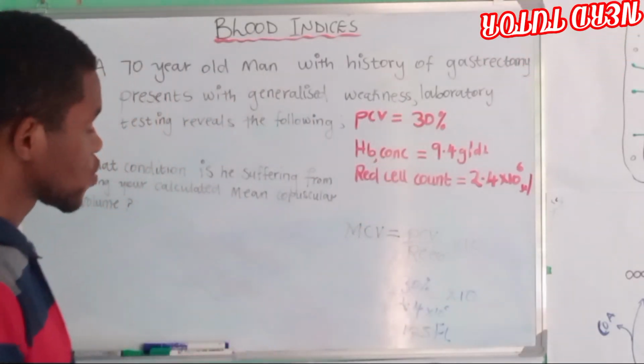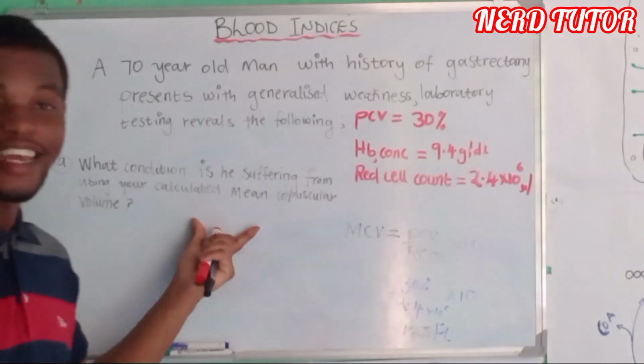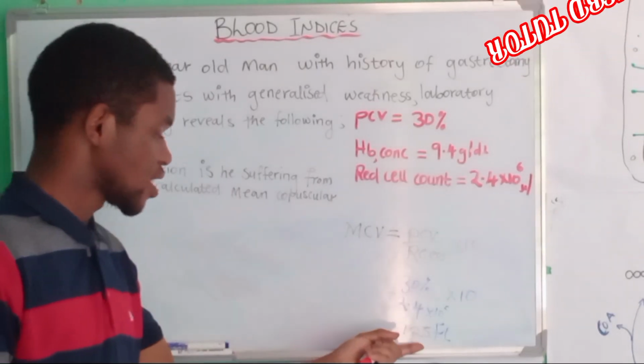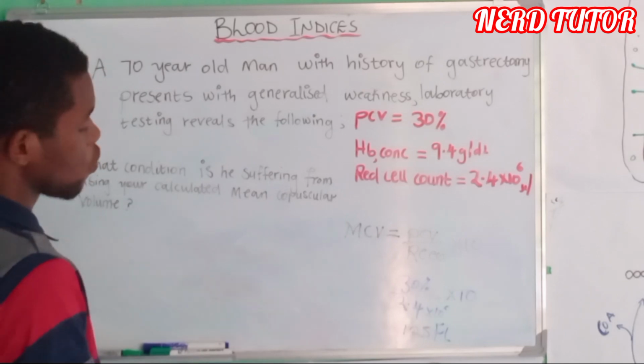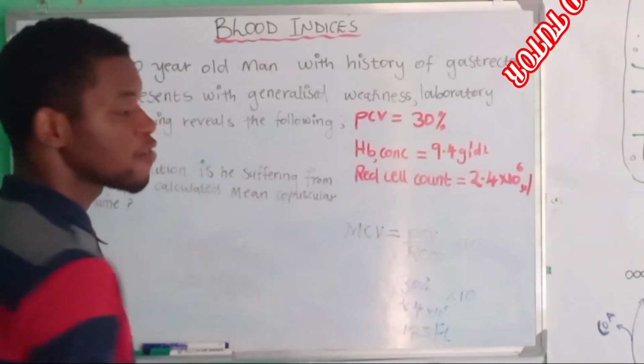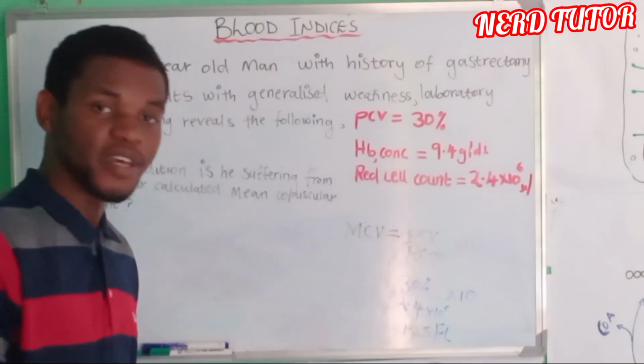Now we have calculated the mean corpuscular volume, as they indirectly asked us to: 125 femtoliters. To tell what condition this person is suffering from, we have to know the normal range of mean corpuscular volume in an average person.